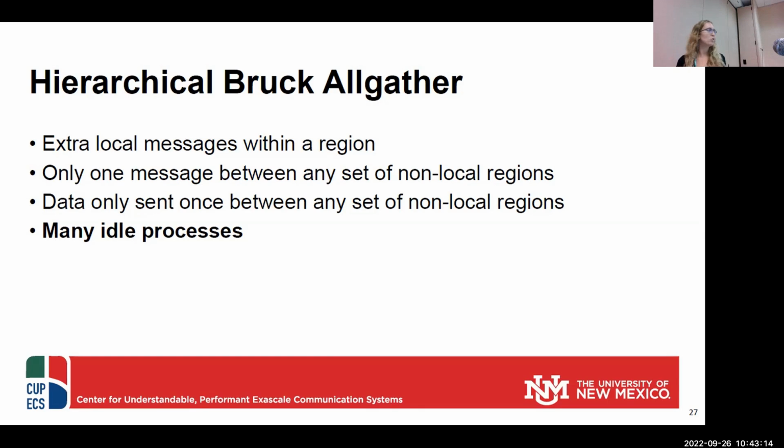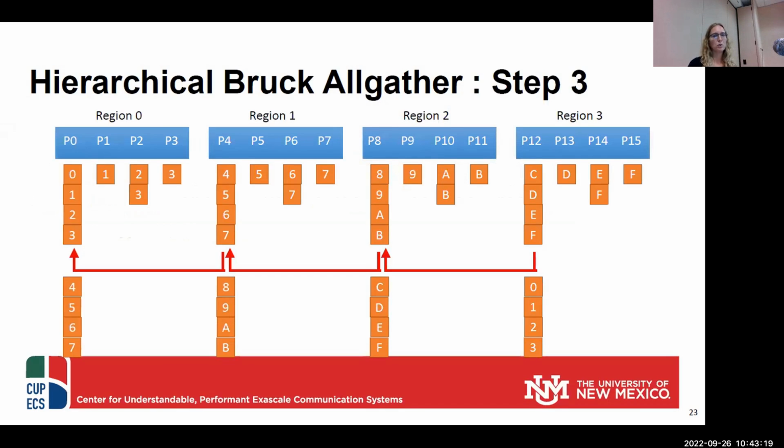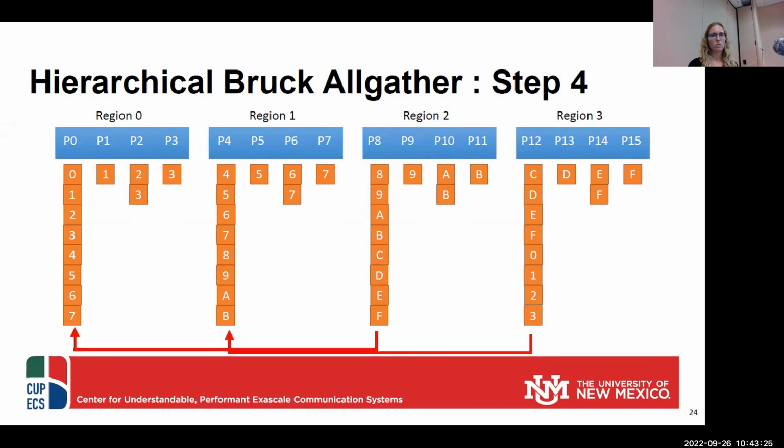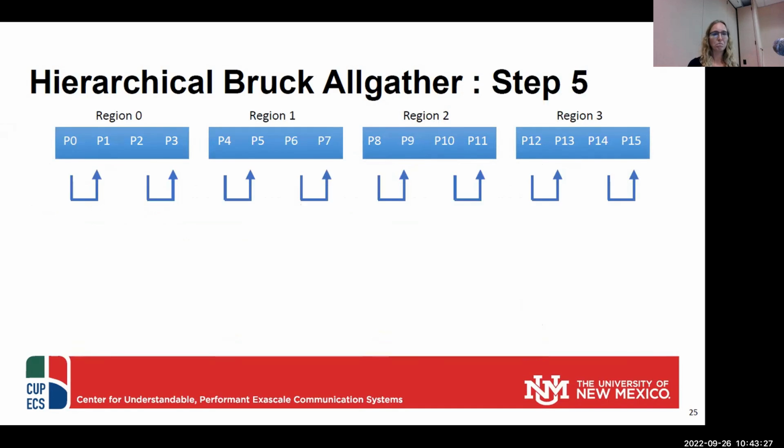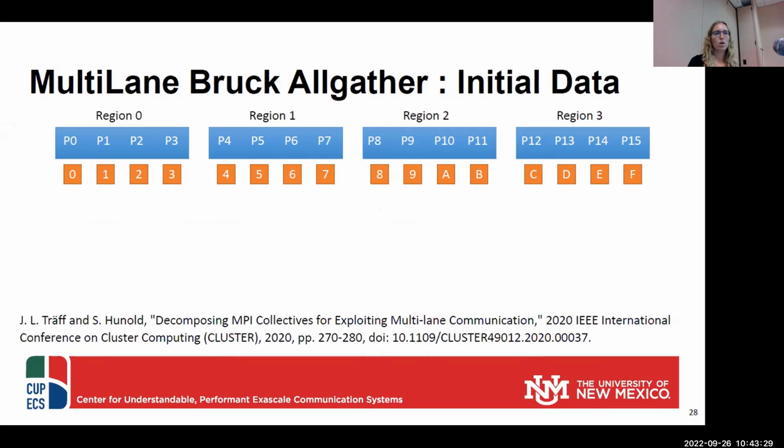However, we have a large number of idle processes there. So if we go back to these steps right here, we have 3 idle processes per node. So the majority of our processes are actually idle during this inter-region communication. So another method that I just want to talk about really quick is this has also been optimized to do multi-lane collectives.